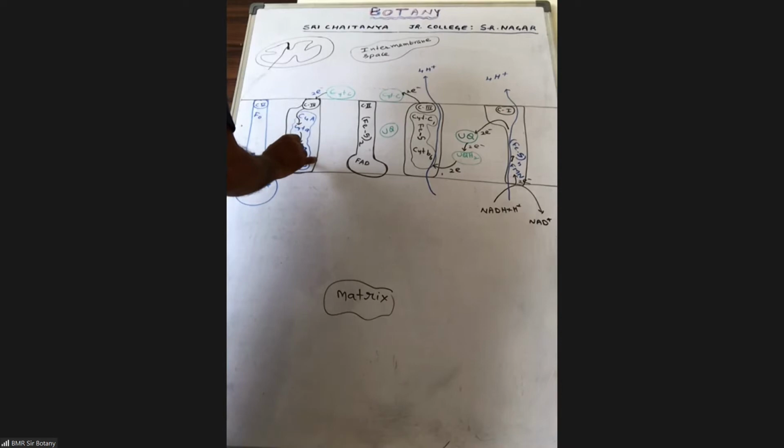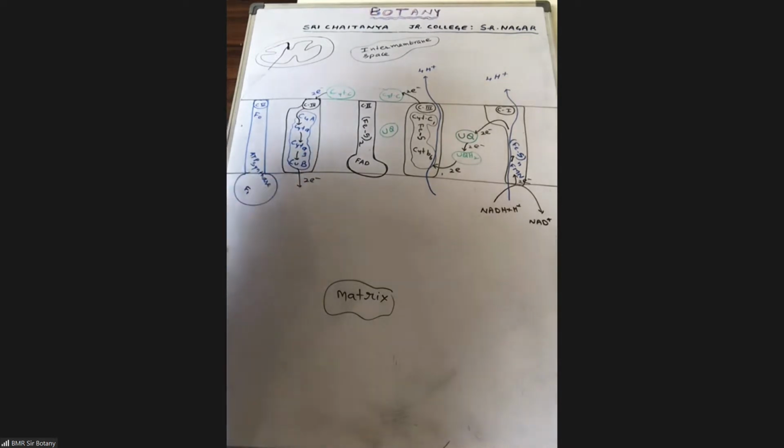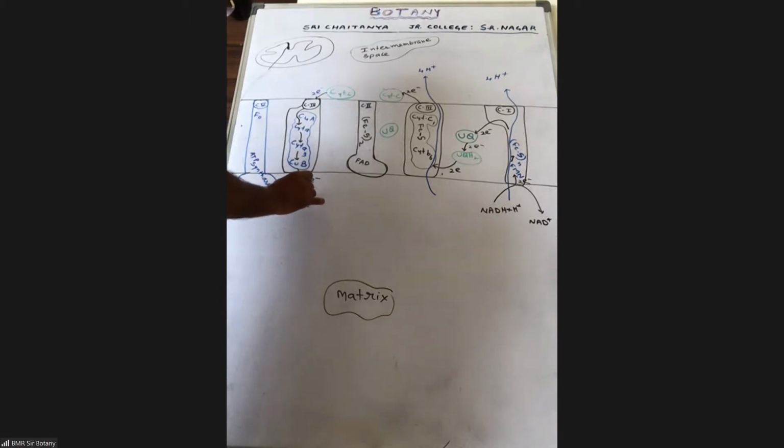Then to copper center B. Then the same 2 electrons are here at the end, added to oxygen, half O2, to form water in presence of 2 protons.